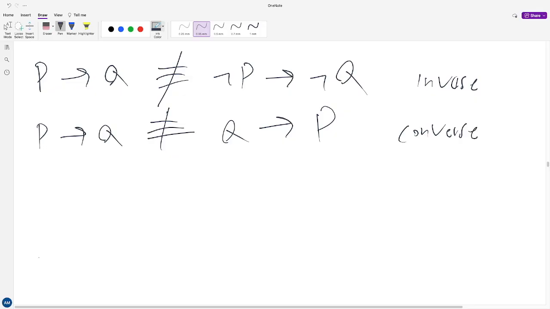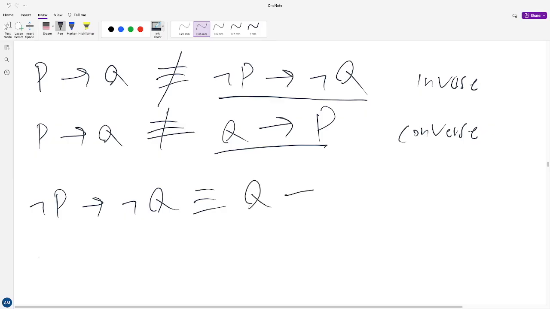But what we do have is that not P implies not Q is equivalent to Q implies P, because the inverse is equivalent to the converse.